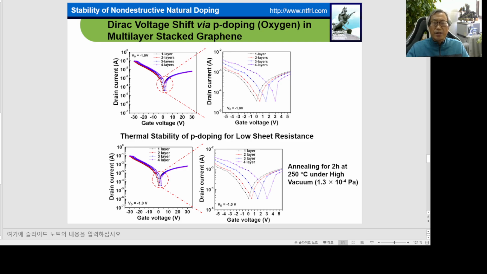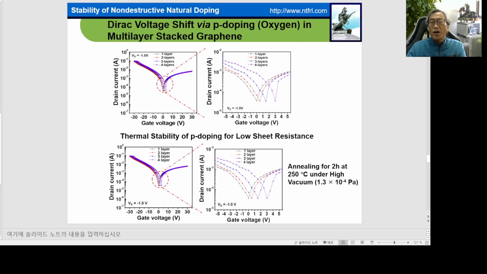You can see the FET structure with multilayer stack, in this case 1 layer, 2 layer, 3 layer and 4 layer stacking, and the Dirac voltage is positively shifted like that. This means that when we grow the 1st layer, 2nd layer, and third layer in-situ and then take them out to the air ambient, oxygen diffuses into the layers in the air.